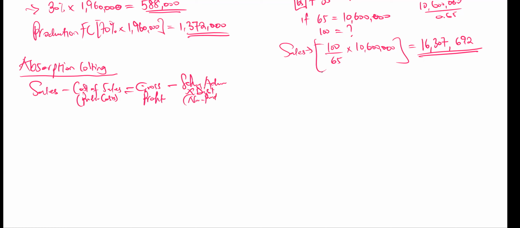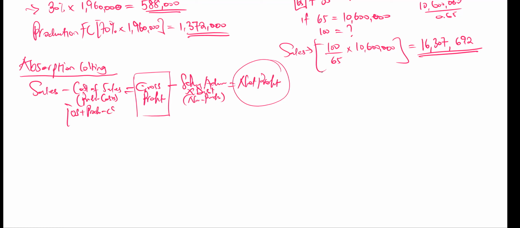Then you arrive at net profit. Is that not what we learned in financial accounting class? Sales minus cost of sales gives gross profit. Then you deduct other costs, operating expenses, and get net profit. This is what we call absorption costing. And this cost of sales is opening stock, add purchases or production costs, minus closing stock. True or false? Then you get gross profit.